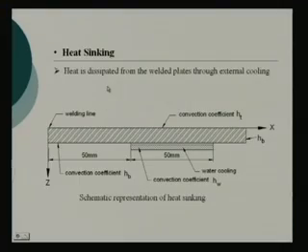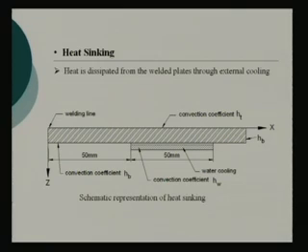Well, this is heat sinking, a similar situation here also. Here it is even more straightforward. What is being done here? Heat is dissipated from the welded plates through external cooling. This is best in the sense that you do not run the risk of additional deformation, because side heating is a risky business.